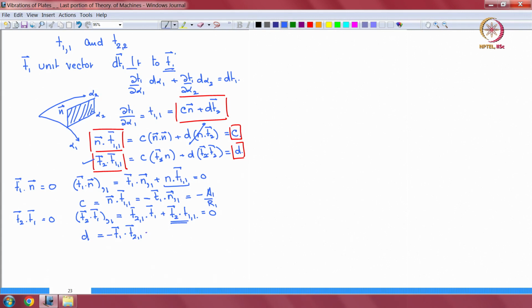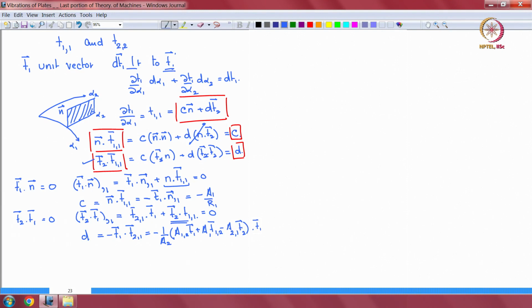So, this is equal to minus 1 by A2 times A1,2 T1 plus A1 T1,2 minus A2,1 T2, dotted with T1.